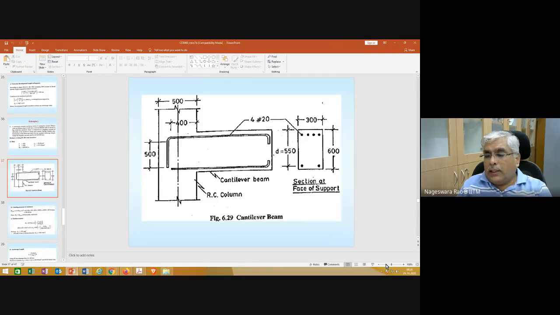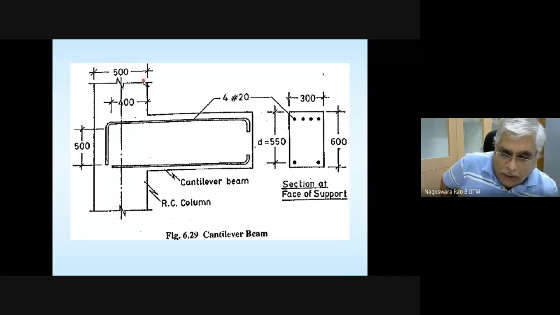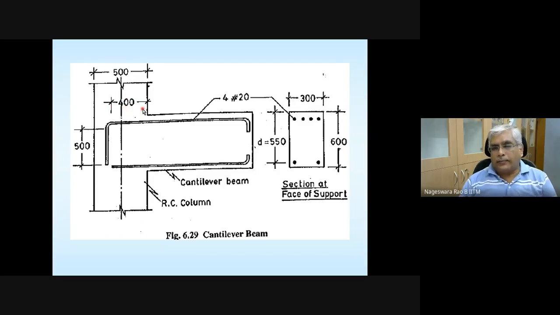Okay, so let me explain with respect to this figure. Here, taking care of cover and other constraints, only 400 mm is taken. 500 mm is the width of the column, but only a 400 mm straight portion is considered. So I need to provide 940 mm anchorage length, and 400 is coming from here.